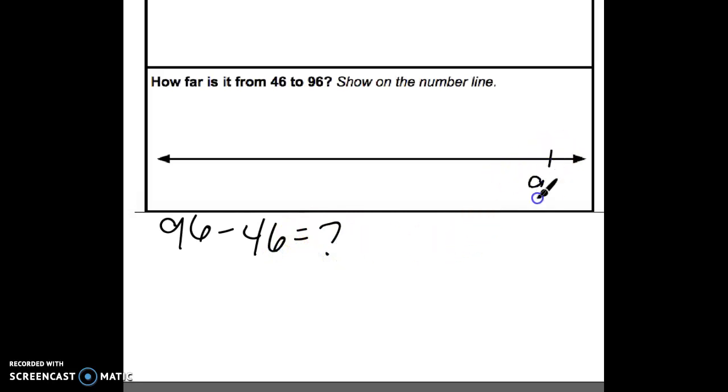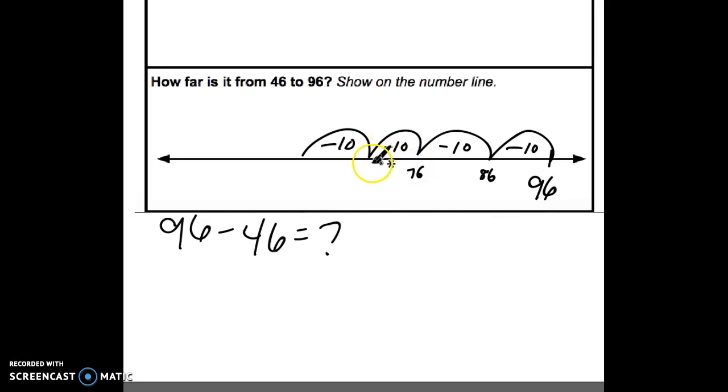This time we would start with 96, take away 4 tens, 10, 20, 30, 40, minus 10, minus 10, minus 10, minus 10. 96 minus 10 is 86, minus 10 is 76, minus 10 is 66, minus 10 is 56.